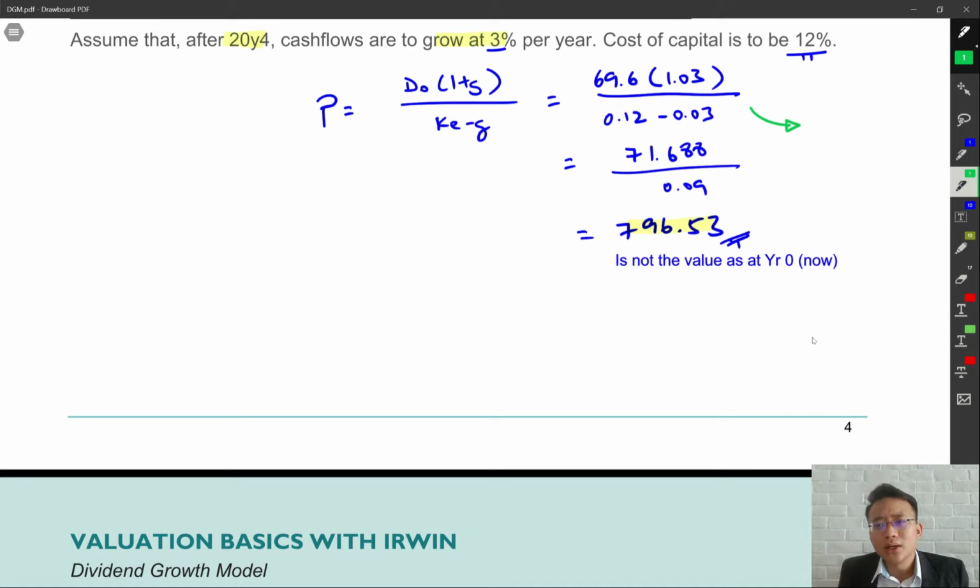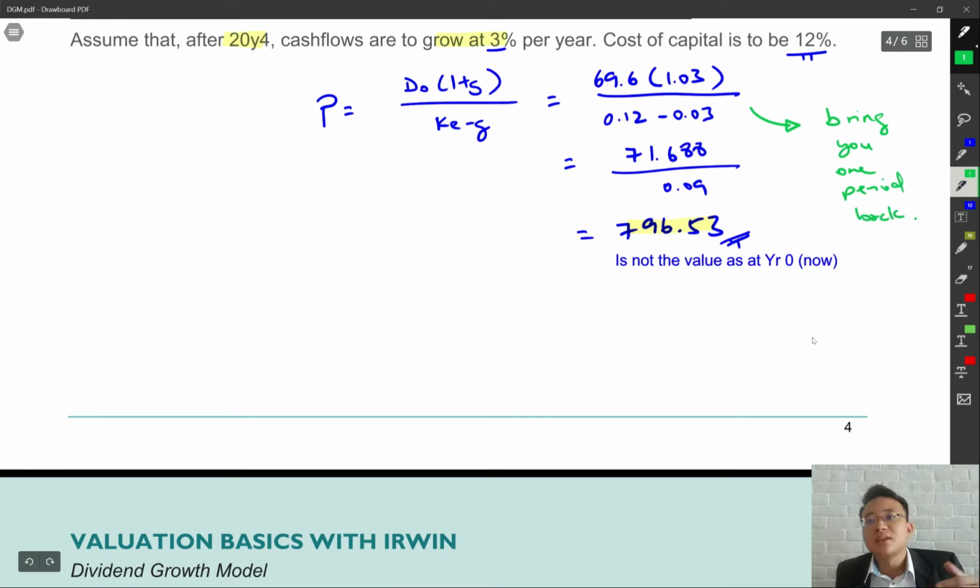This formula is created in a way that it would always just bring you one period back. This is the discounting it does. It takes your cash flow and it brings you one period back.